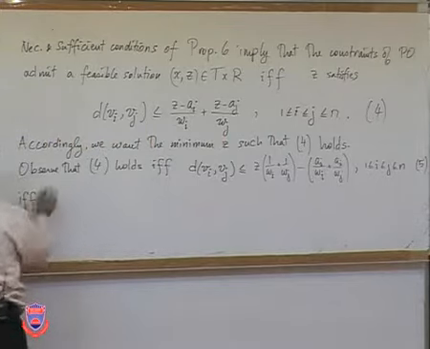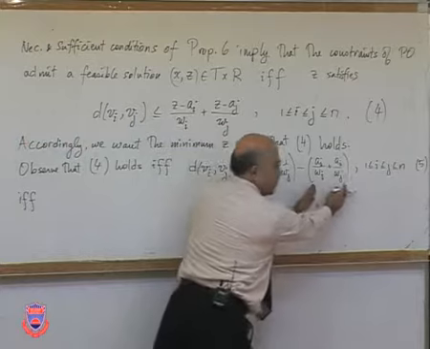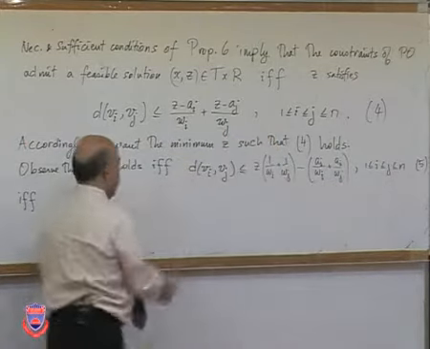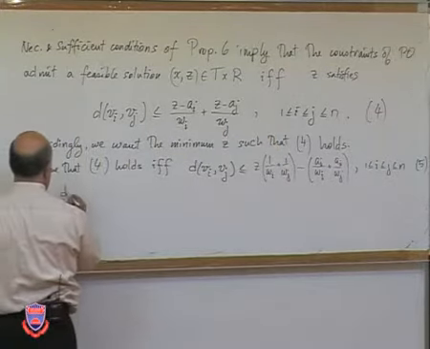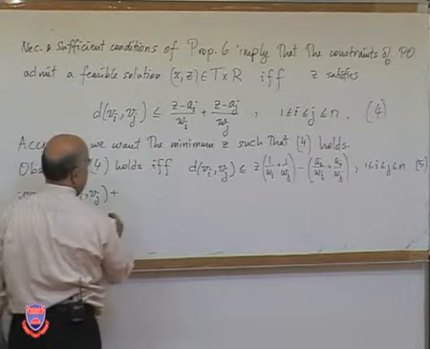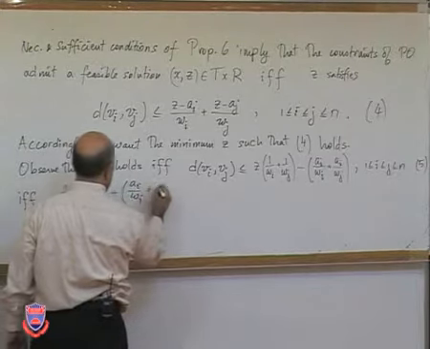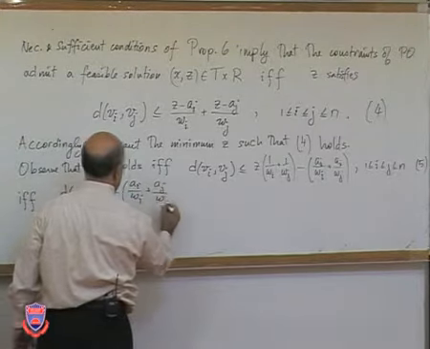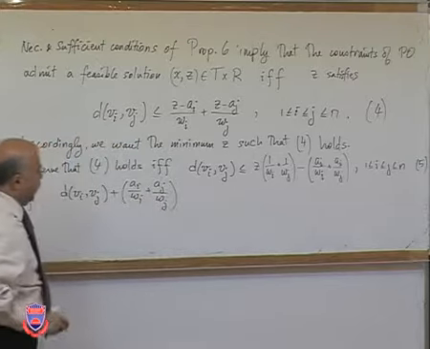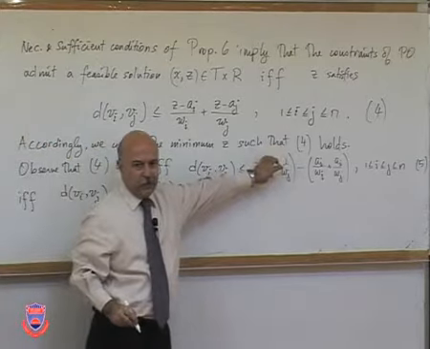Which is true if and only if, now I just take the constants in the second parentheses to the left side. And that leaves z times this sum of the reciprocal weights on the right.